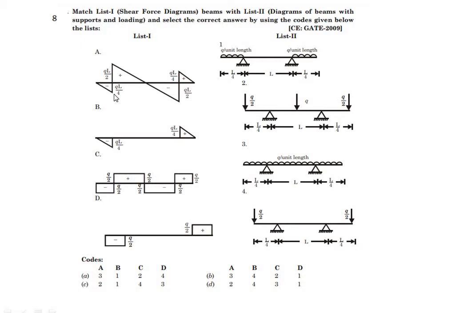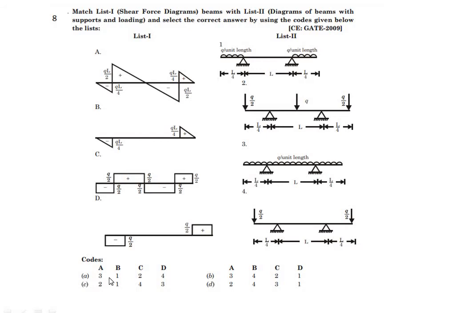A slanting line or a linear variation in the shear force diagram represents a UDL in that portion. So you are going to have a UDL in this portion. So the option may be 1, or the option may be 3. For A, the option may be 1 or 3.